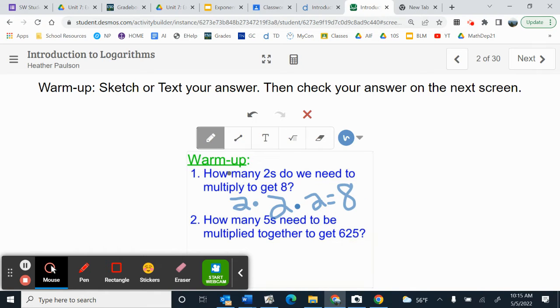And so the answer to this question is that we need to multiply 3 times. Then also think about what it would be for 625. When you are ready to see the answer, go to the next slide.